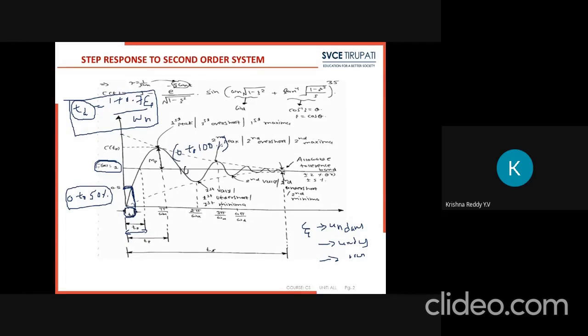When it is an overdamped system, it is 10 to 90% of its final value, that is 0.1 to 0.9. The time required to reach 0.1 to 0.9 is known as rise time. When it is an underdamped system, the time required for the response to rise from 0 to 100% is known as rise time.